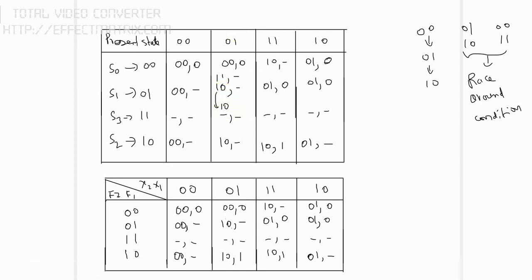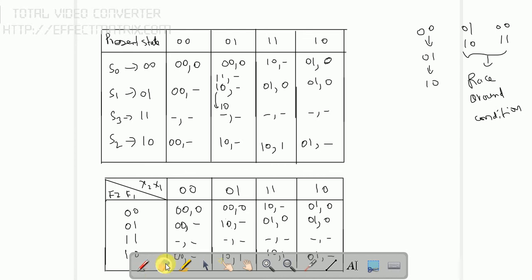So what I will do now is erase it and rewrite this. So 1 1 comma dash, here 1 0 comma dash. Similarly for 1 1, here 1 0, so only one bit is changed.